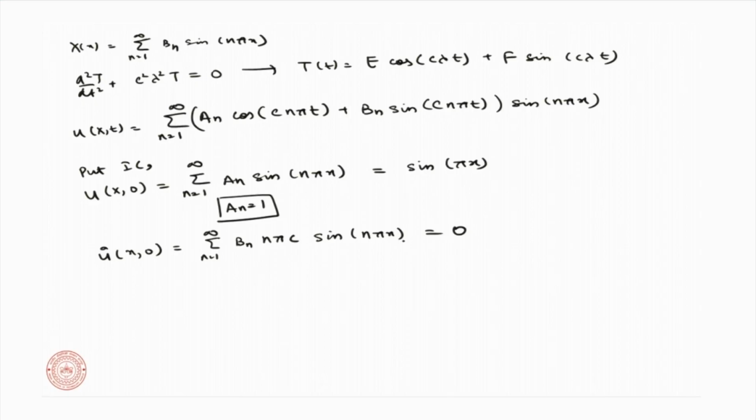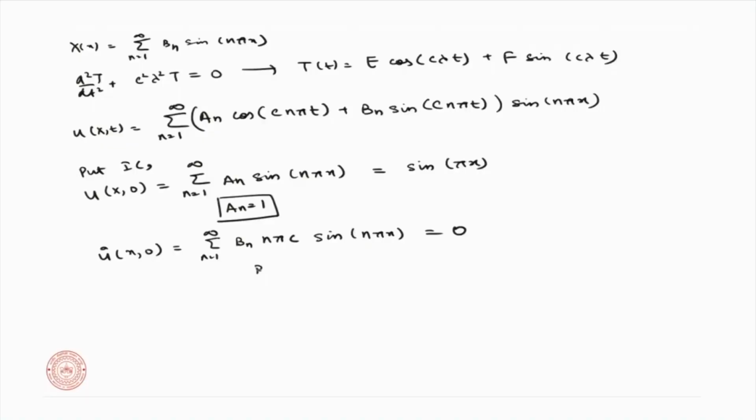Now, sine cannot be 0 for all x values, right. It can only be 0 at 0, pi, 2 pi, 4 pi and so on. It cannot be 0 everywhere. n pi c cannot be 0 everywhere, n can be 0, in that case it is fine, otherwise it is not 0. So, what can be the case? The only case as an outcome will be that b n is equal to 0.